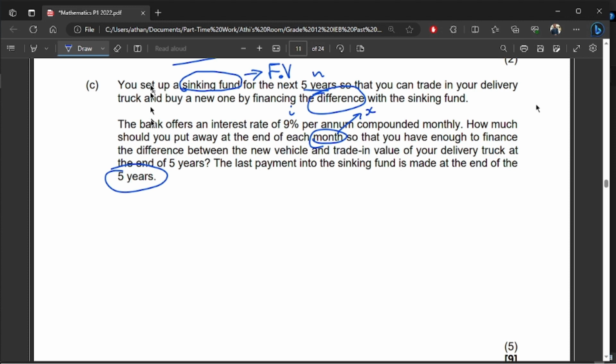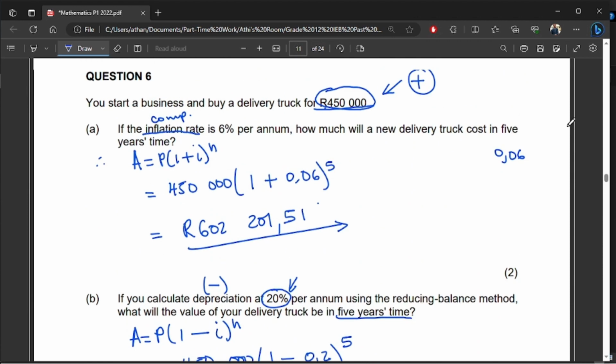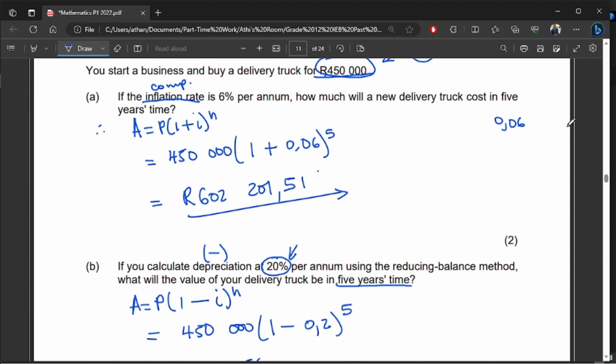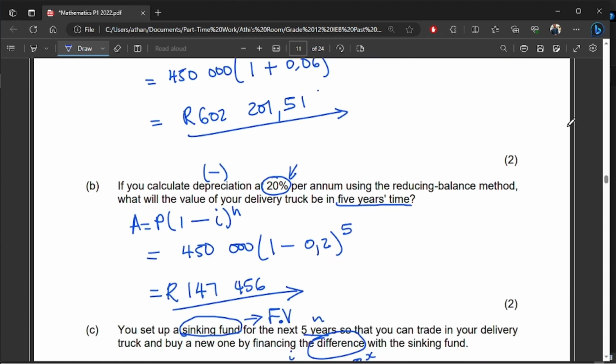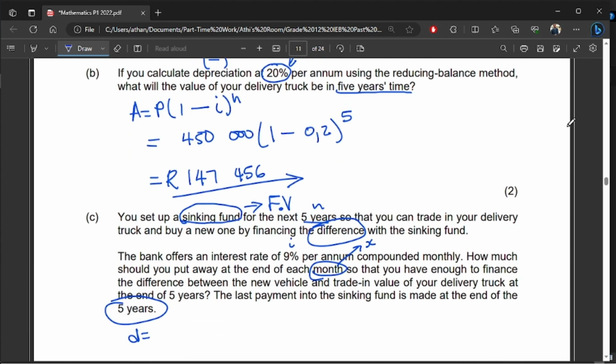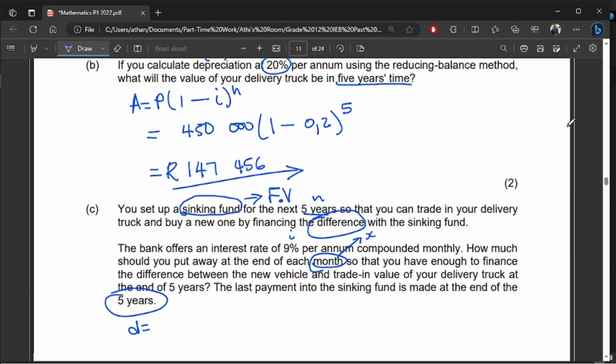So here we have to get a difference, guys, and our difference is gonna be the money between, like, in 5 years this truck is gonna be a certain amount, but our truck is gonna depreciate. So we're looking for that difference. If I can just scroll up, remember we said after 5 years, because of inflation, the amount is gonna go to 600,000, but if the amount depreciates, it's gonna be 147,000.